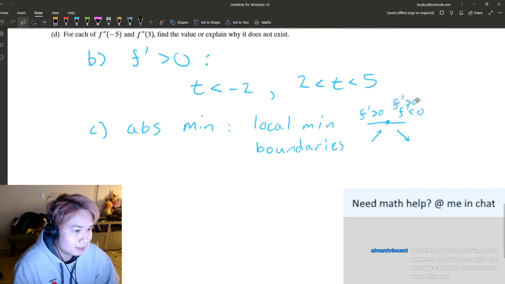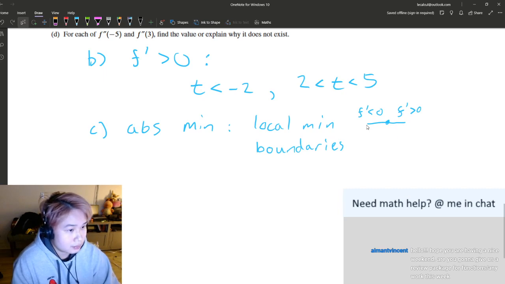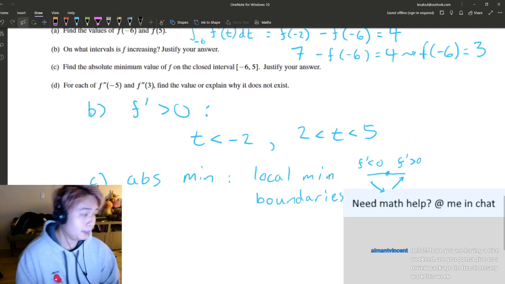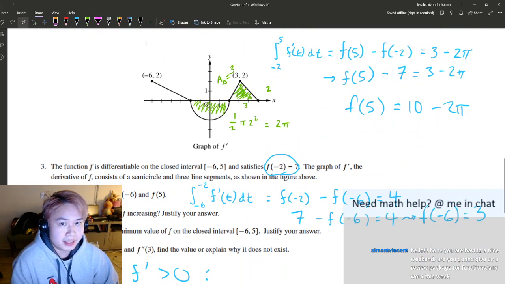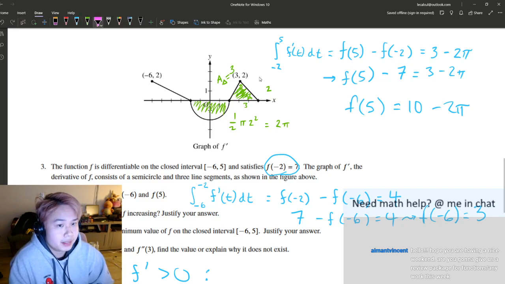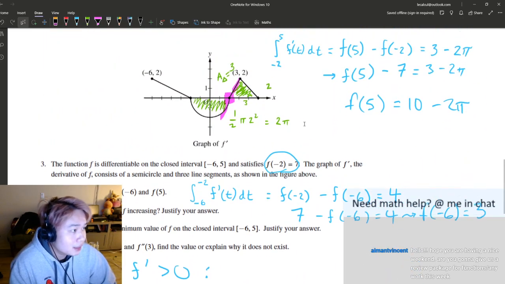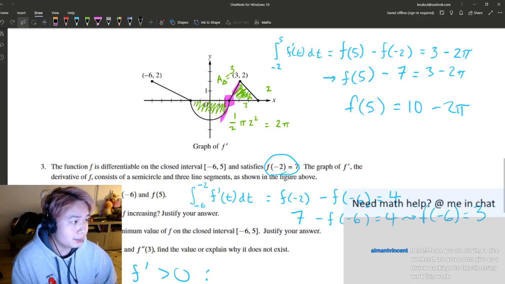Switch this. Okay, so according to our graph, right here we have a minimum because the value of my derivative is negative here, and then it becomes 0, and then it becomes positive. So by first derivative test, we have a local minimum at 2.